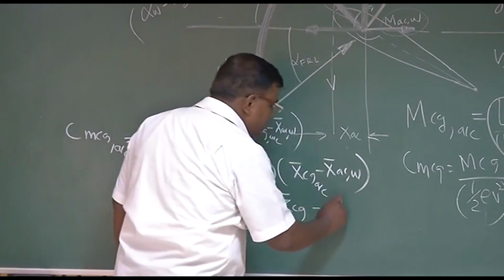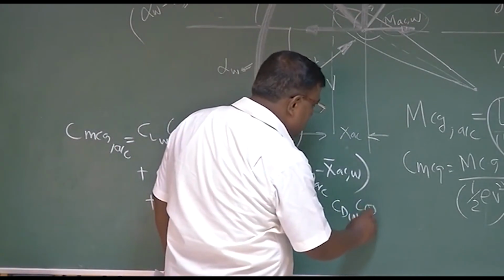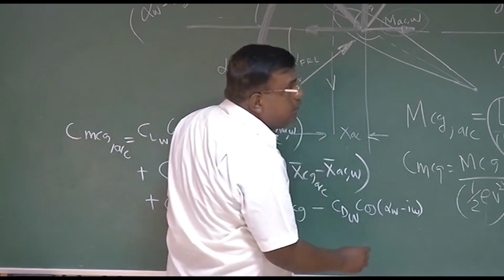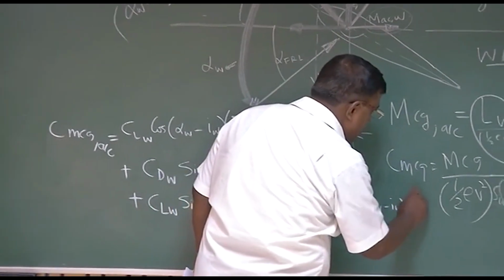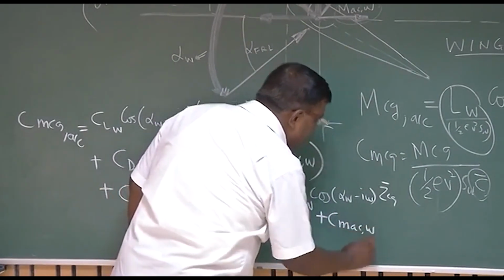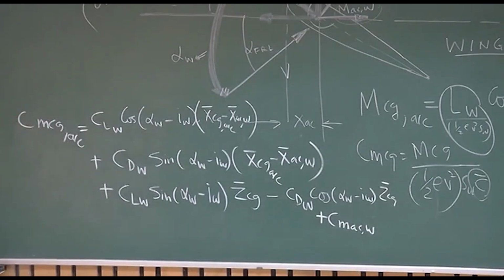And the last term is CDW into cos of alpha W minus IW into Z CG bar, plus CMAC wing. Do not forget this. It's a very important element.